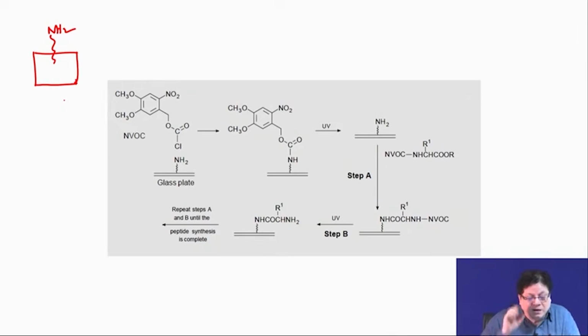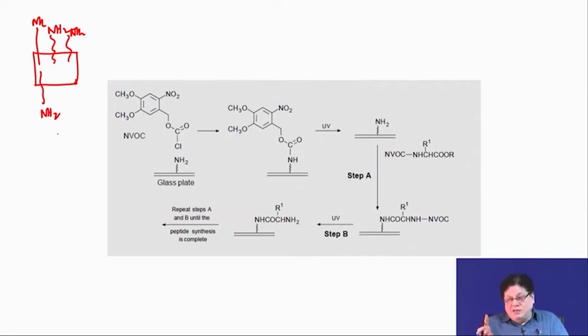That is possible, glass plates are available today where a lot of NH2s are attached to the glass surface. NH2 is not directly attached, it is attached through that wedge and then an alkyl chain, and that ends up with the NH2.